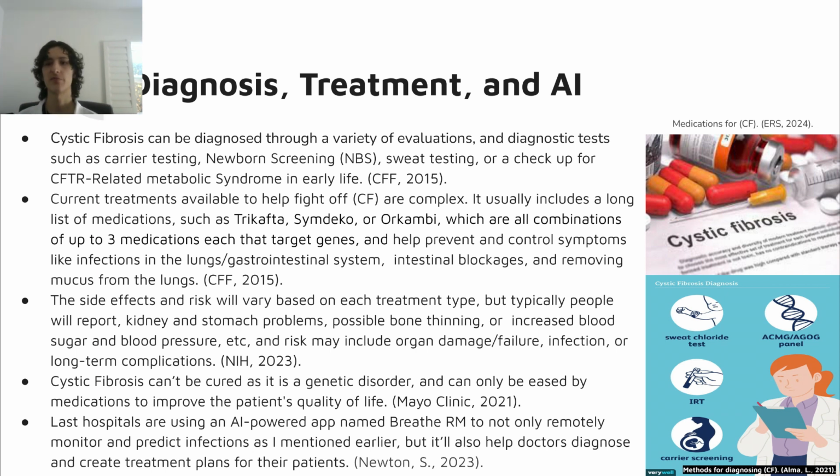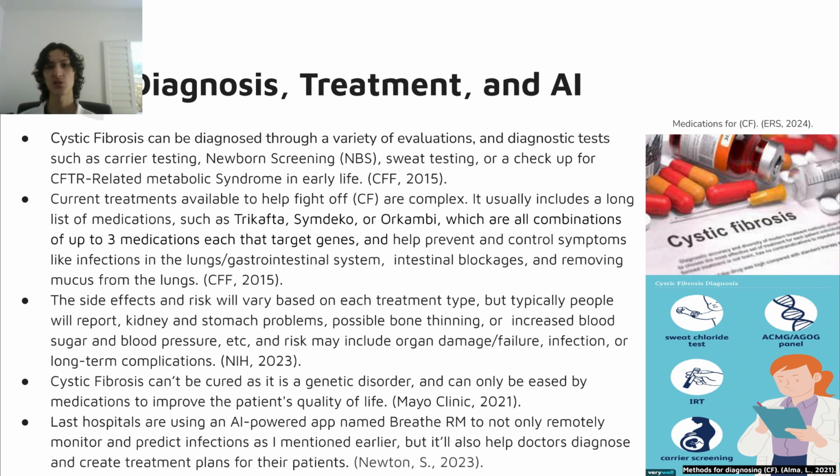Current treatments available to help fight off CF are complex. It usually includes a long list of medications such as Trikafta, Symdeko, or Orkambi, which are all combinations of up to 3 medications each that target genes and help prevent and control symptoms like infections in the lungs or gastrointestinal system, intestinal blockages, and removing mucus from the lungs.